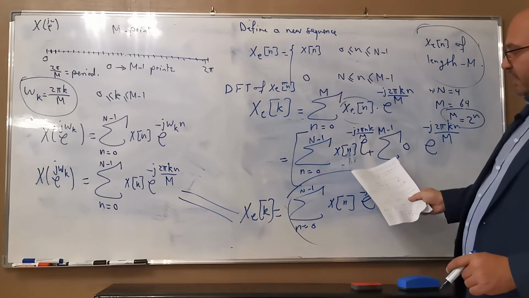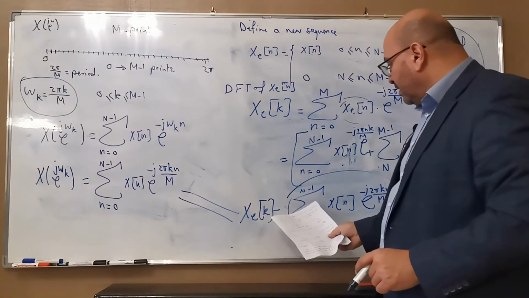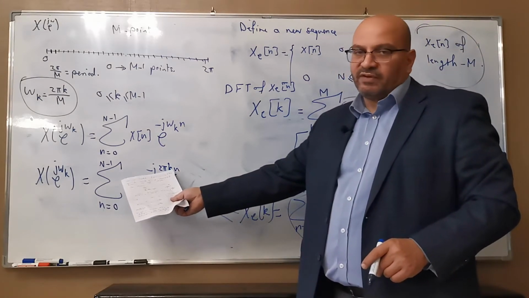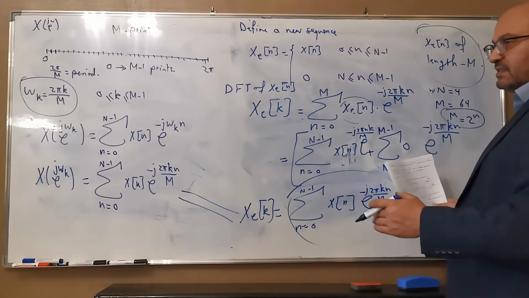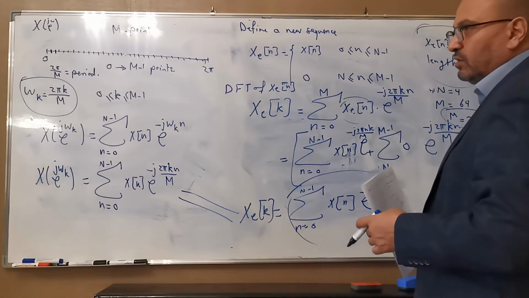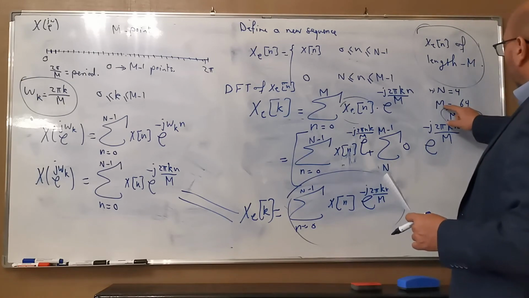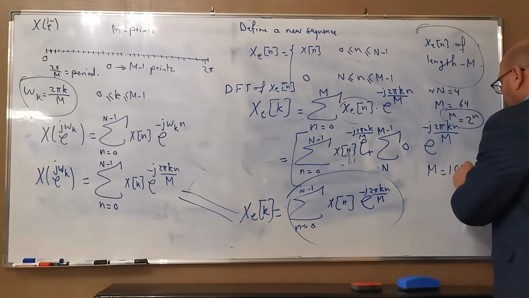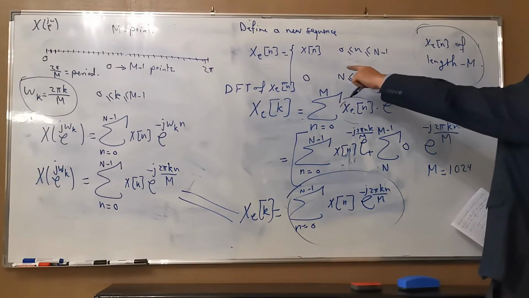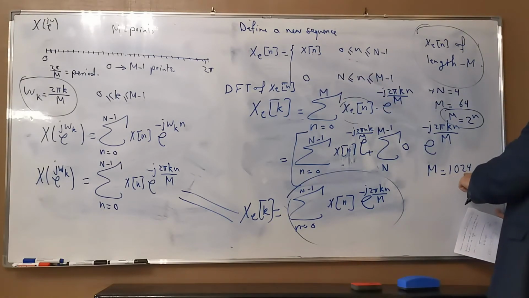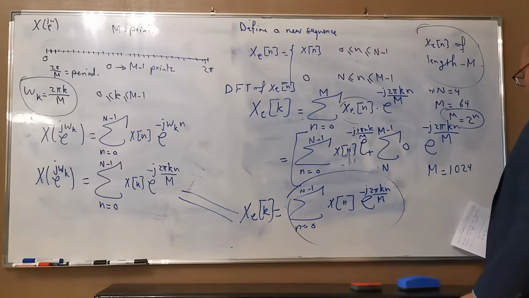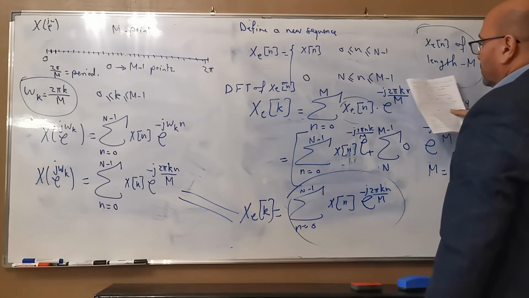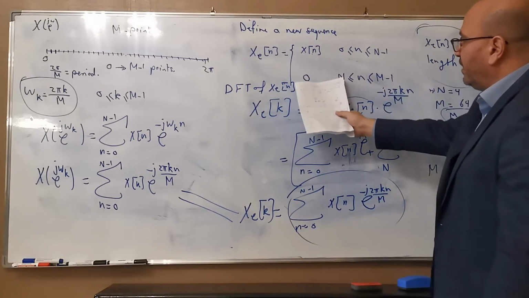So you have a very dense grid of frequencies, and when you find x extended of k, it's very close to the continuous domain x of e^(j omega). If you want to make it more dense and look more continuous, then you can say that m equals 1024, and then you have 4 samples with 1020 zeros added to x of n at the end.